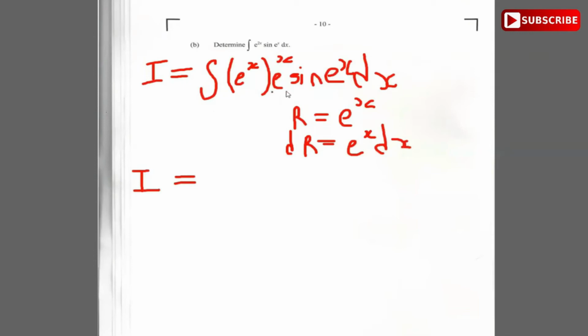Now this e to the x dx is going to be dr, and r is going to be e to the x. So where I have e to the x here and here, that becomes r. So this is the integral of r sine r dr. That's what I'm integrating.